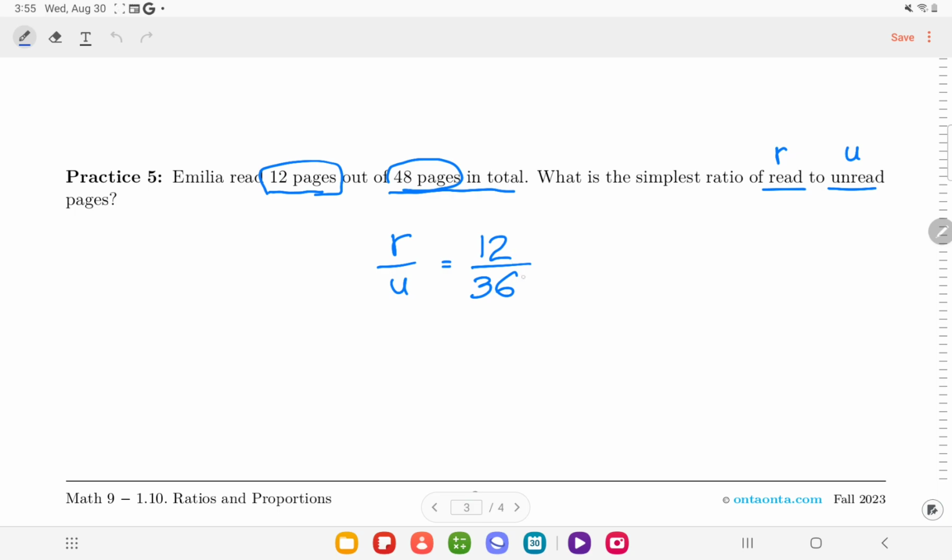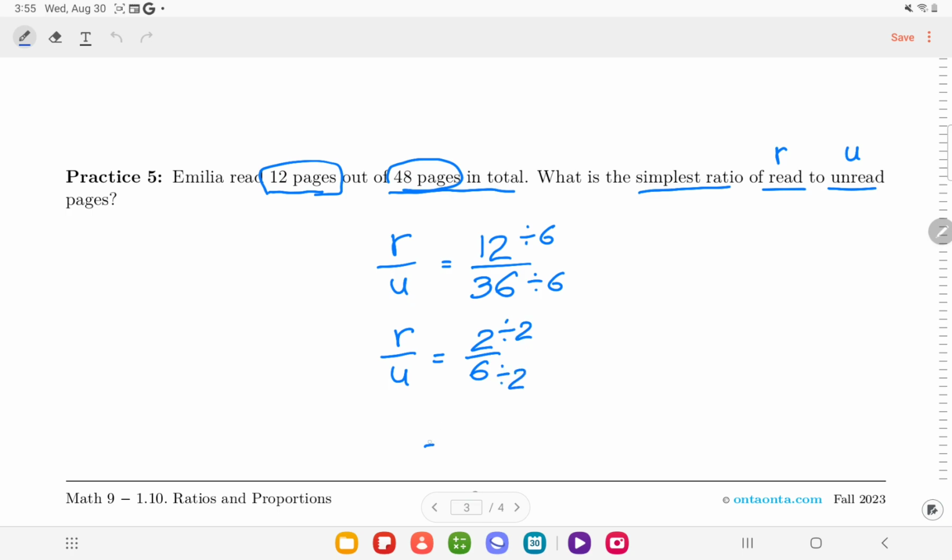Next, we have to reduce it to the simplest ratio. We can divide 12 and 36 by 6. The simplest ratio of read to unread pages is 2 to 6. Actually, we should further reduce 2 to 6 by dividing by 2.